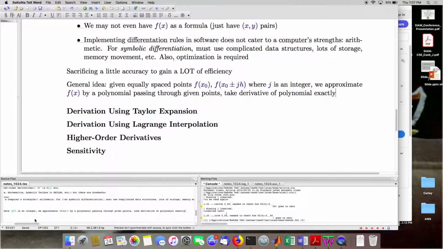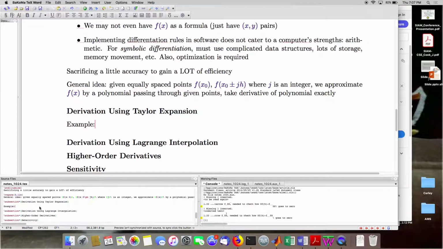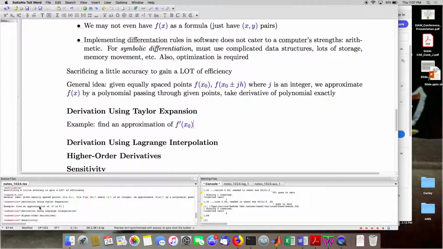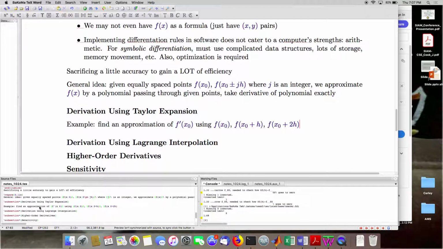Okay, so what I'm going to do is I'm going to illustrate this by stepping through an example. Find an approximation of f prime of x naught using these points, f of x naught, f of x naught plus h, and f of x naught plus 2h.